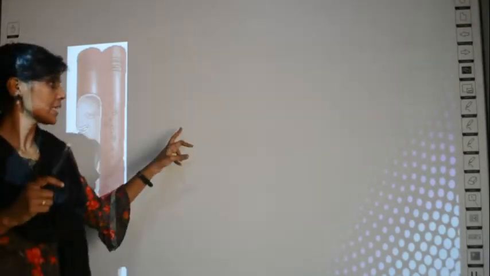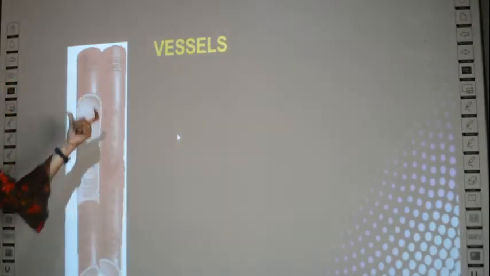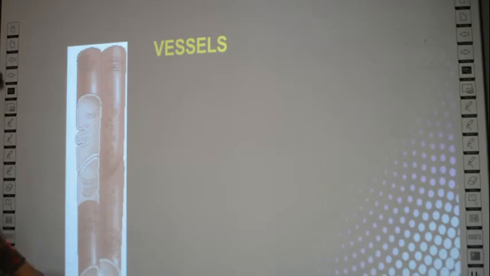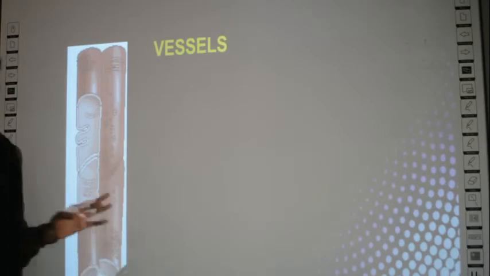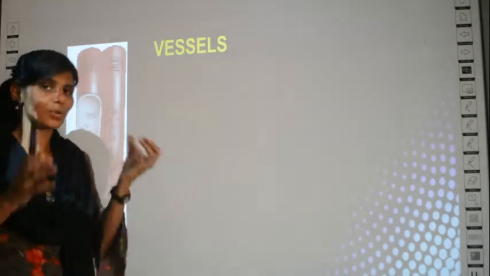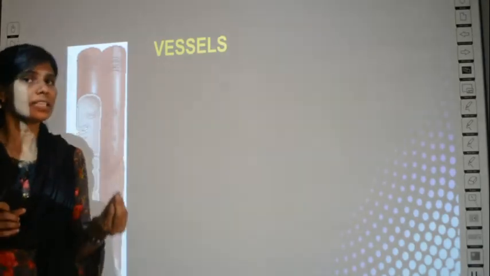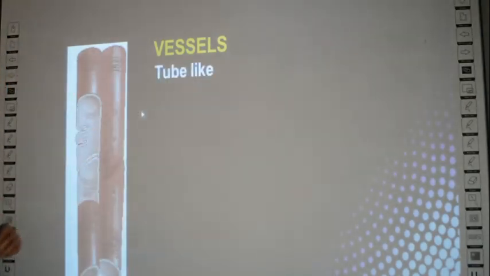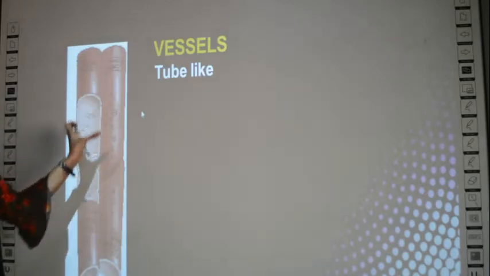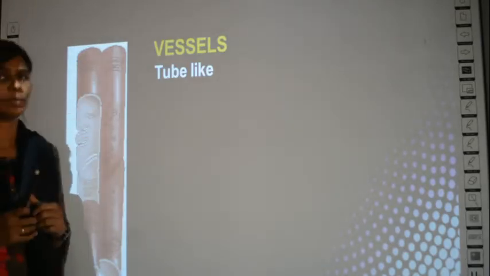Okay. So still we have to learn about the vessels. So what is a vessel? This is the vessel. So what is the difference? Can you see tapering ends here? No, right? In the tracheids you have seen that the structure has a tapered end, whereas in vessels there is no tapered end. But how does it appear? It just appears like a tube, right?